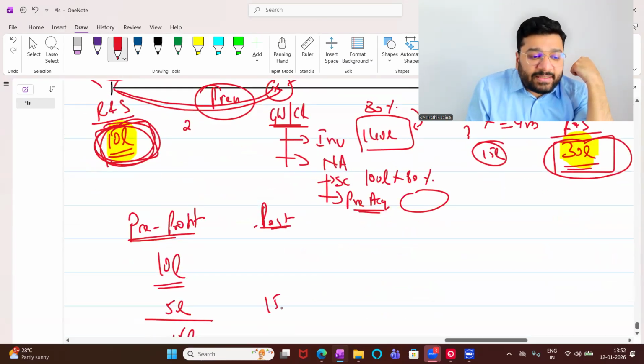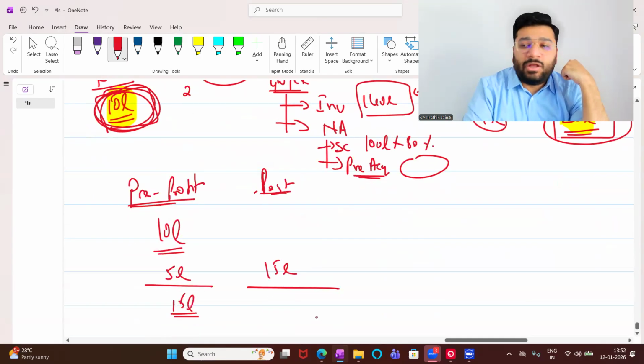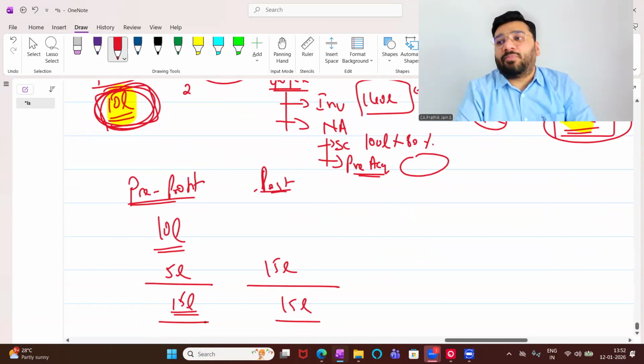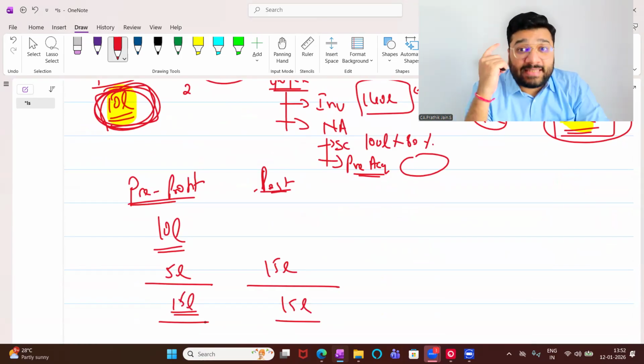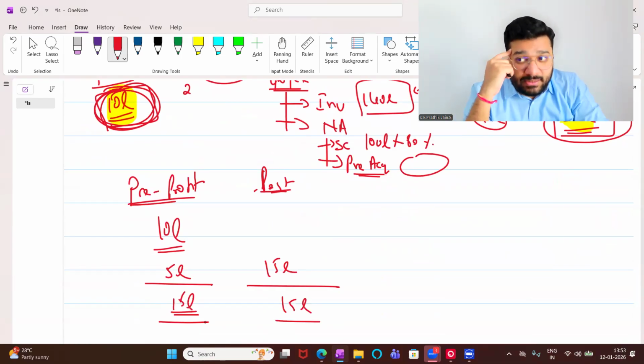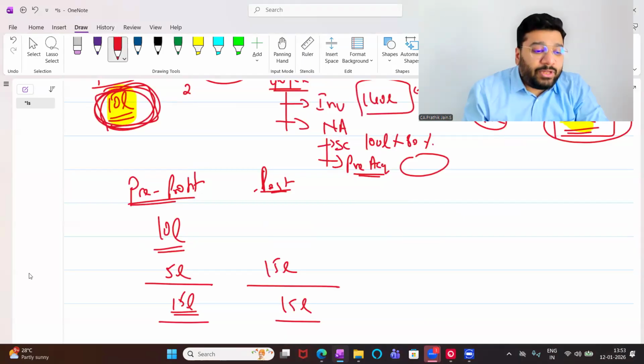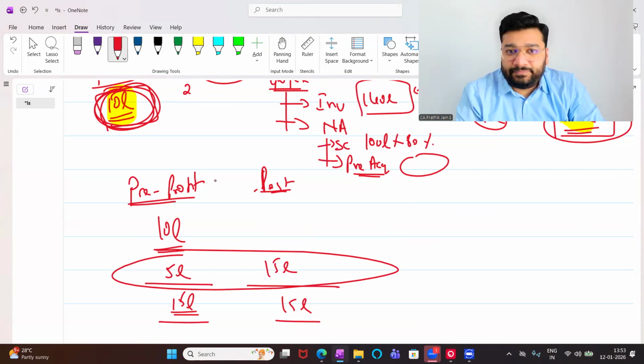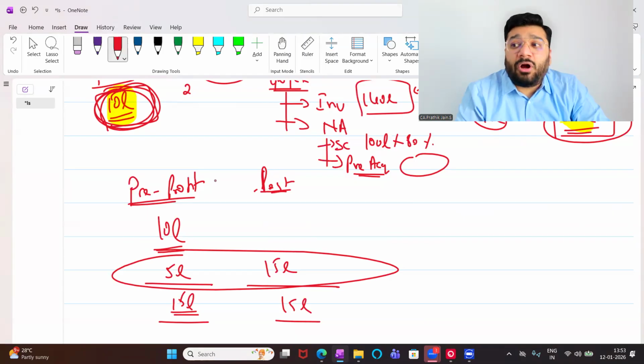Post is 15 lakhs. Now listen. You should have some problem here. What is your problem? If you are a sensible person, if you have common sense, you should definitely have a problem with this calculation. You should have some doubt here.